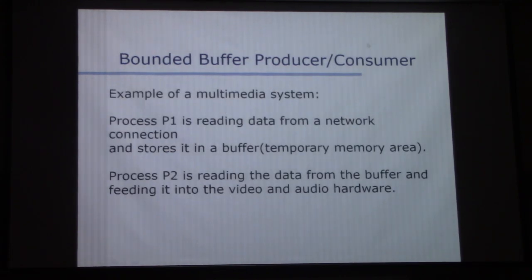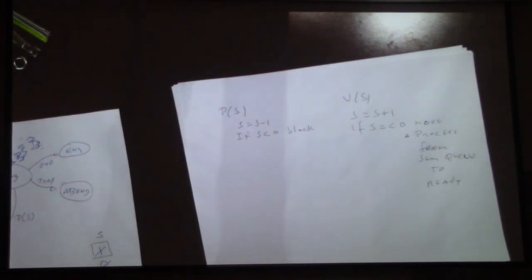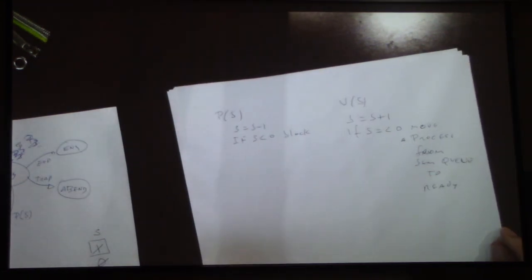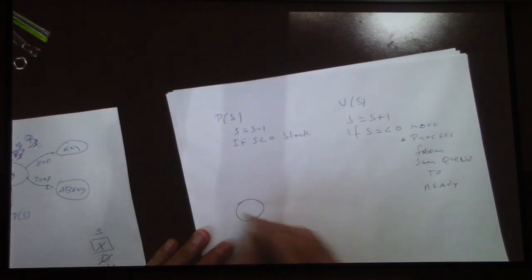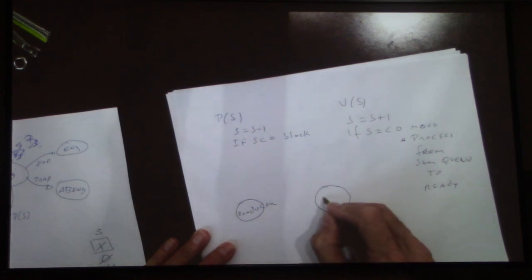Example of an algorithm called the bounded buffer producer consumer. This is an algorithm that we're going to use to explain how to write programs concurrently using P and V or similar synchronization primitives. The bounded buffer producer consumer is a program that has two processes, producer and consumer.